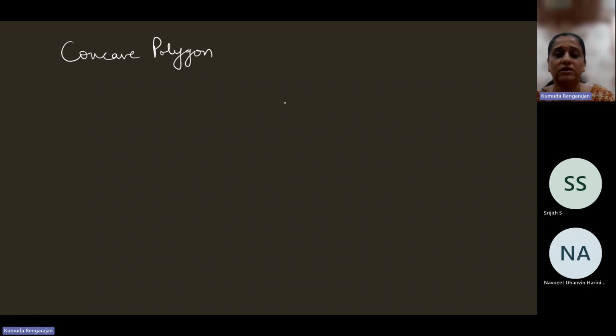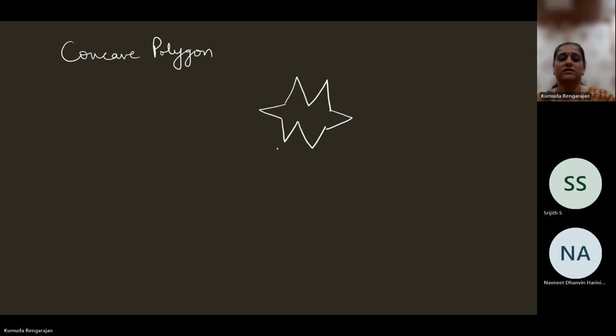Now look at this one. I'll just draw. Not a very good artist, but I can just try to. Can you see here? See, this angle is more.